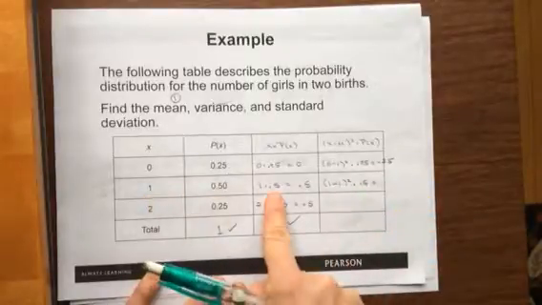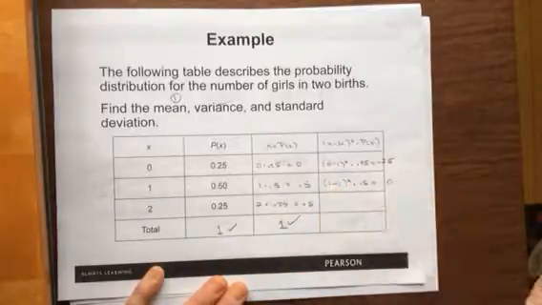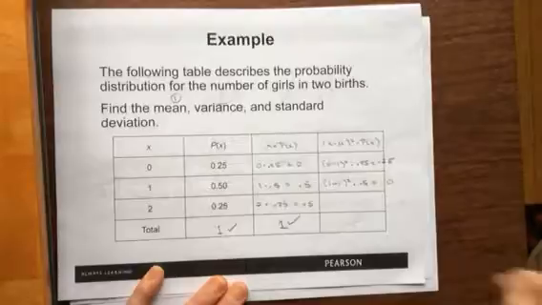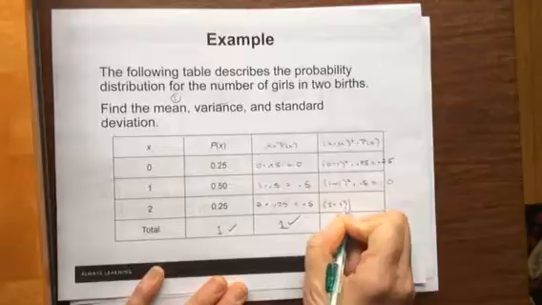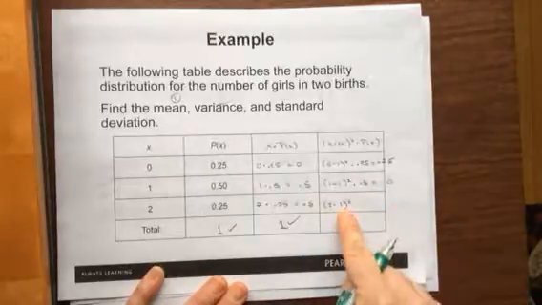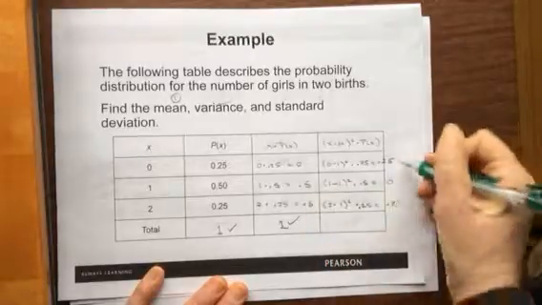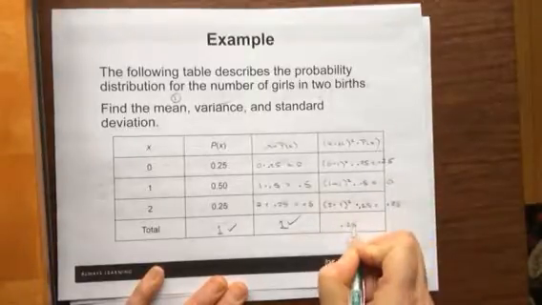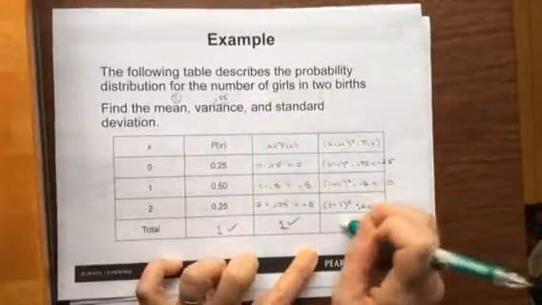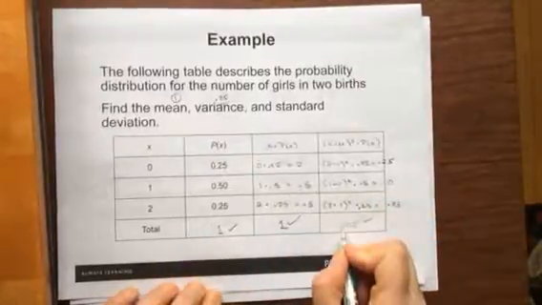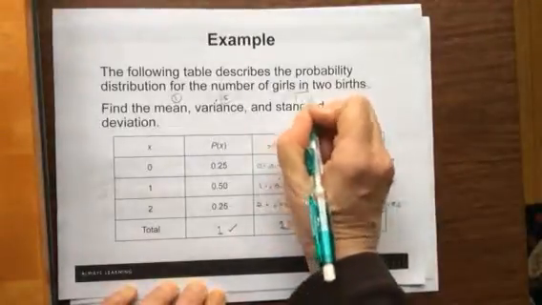Well, 1 was the mean, so it's 0 distance away. That's not going to add on to my variance. It's not going to add on to the spread of my data. But 2 is going to, because 2 is different from the mean. And so when I add up my column, I get my variance, which is 0.5. Adding 0.25 and 0.25 is 0.5. So that's my variance. And the standard deviation is the square root of that.